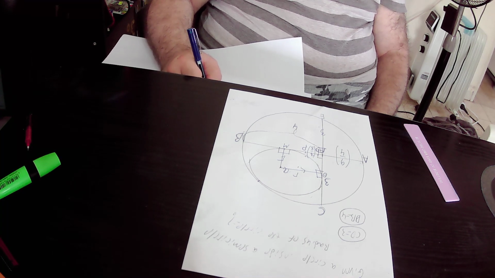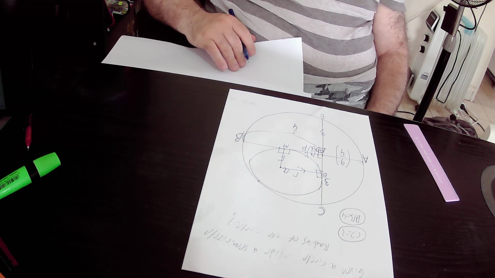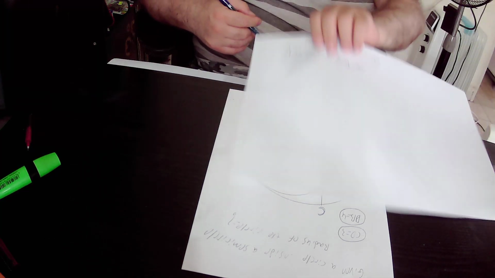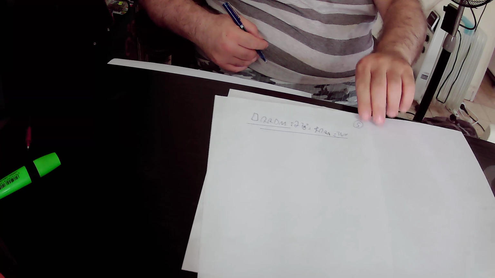In total it must be equal to 360 degrees, according to the rule that the sum of the angles in any quadrilateral is equal to 360 degrees.